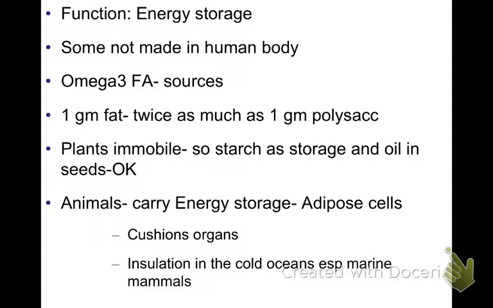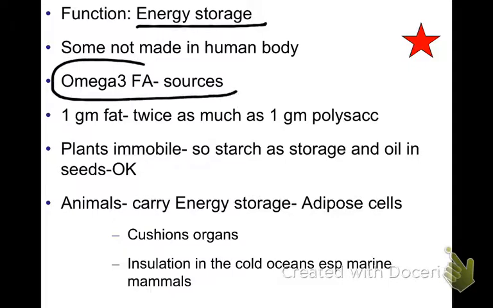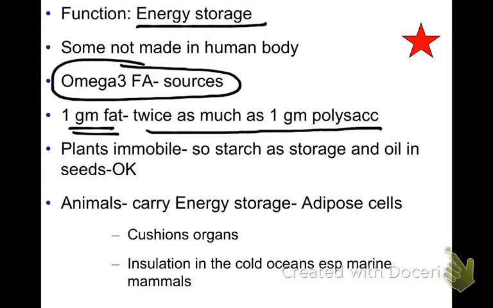So what are the functions of fats? The first obvious function is energy storage. Some of them are not made in the human body, so you have to eat them from other sources, like omega-3 fatty acids. Remember, 1 gram of fat offers twice as much energy as 1 gram of polysaccharide.